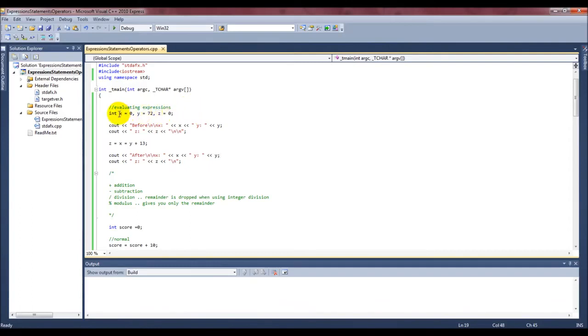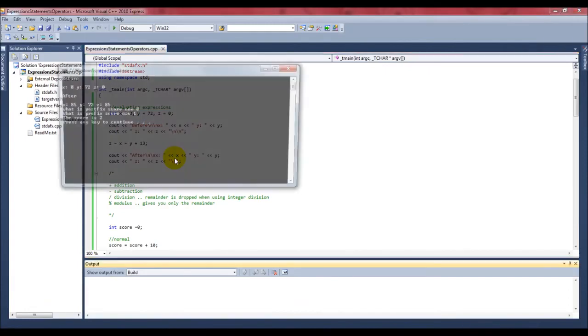We already know how to declare some integers and print them out, but I'm going to assign them to x, z, and y here, and do a little mathematical operation, and you'll see the before and the after when I run it.